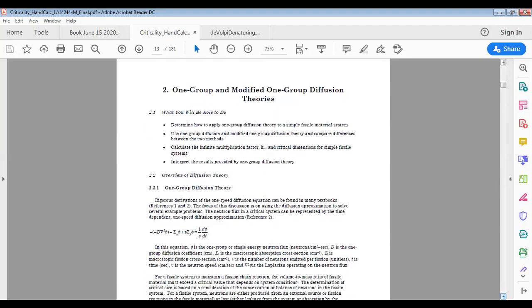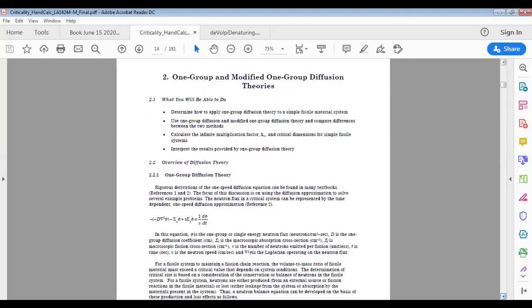Okay, so here are all the equations of the one group and modified one group diffusion theories that I was talking to you about. I started deriving this with you in, I think it was lecture 6 or 7: D del square phi minus sigma a phi plus k infinity over p phi, and I put that equal to 0 and made it a steady state case.